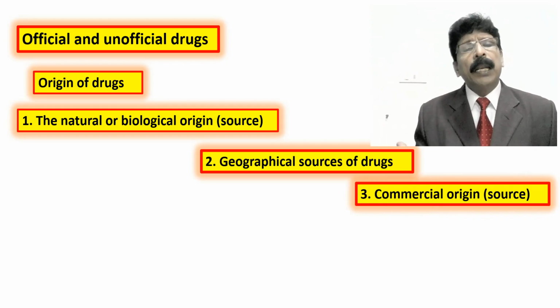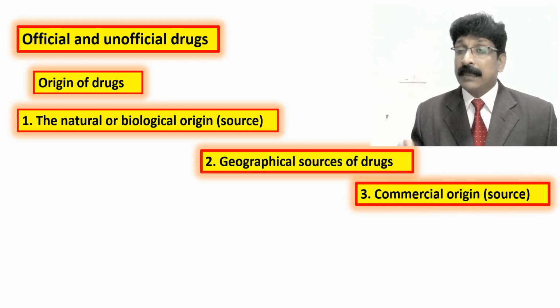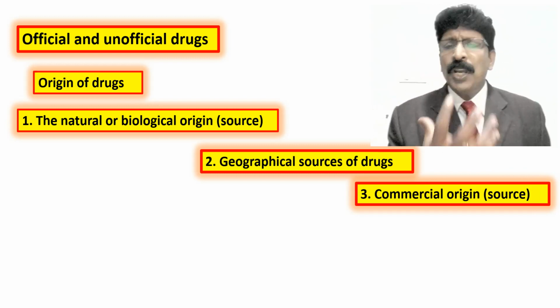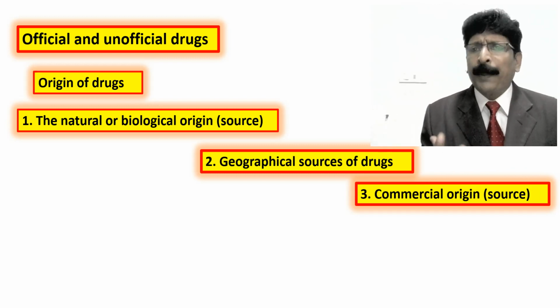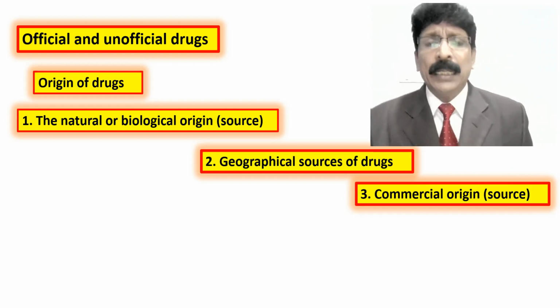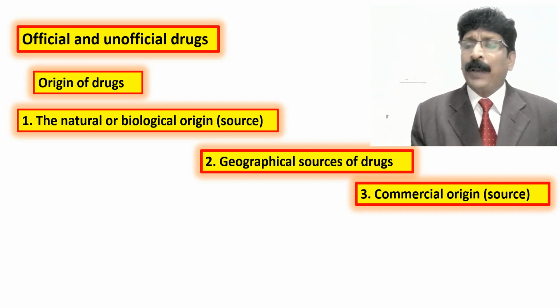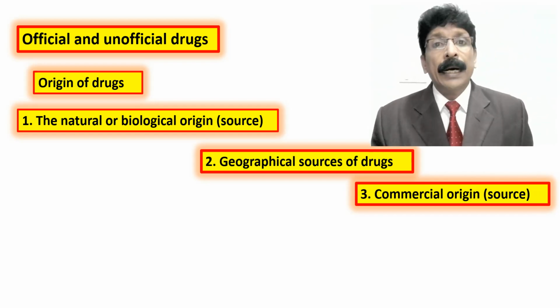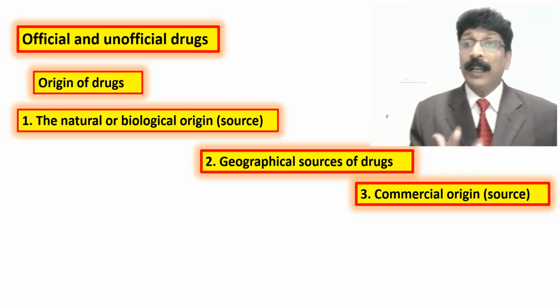And even, why not, commercial origin sometimes. Where you prepare and where you market, the commercial origin also plays a major role for identification of any herbs or any crude drugs.